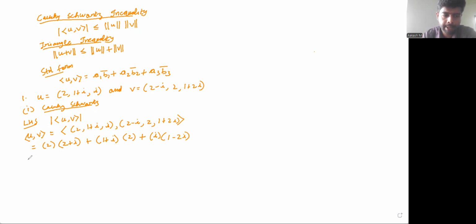Now you multiply. What will you get? 4 plus 2I plus 2 plus 2I plus I minus 2I square. We know the value of I square is equal to minus 1.